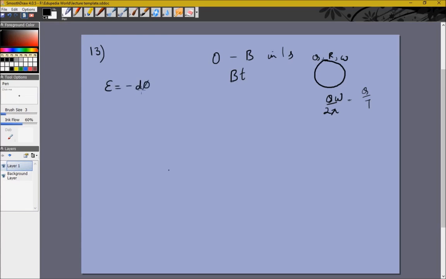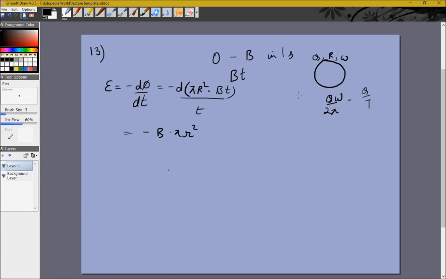minus d phi by dt, where phi is the flux: area into the magnetic field. Area is pi r squared into the magnetic field, which is Bt, so d by dt gives minus B into pi r squared.